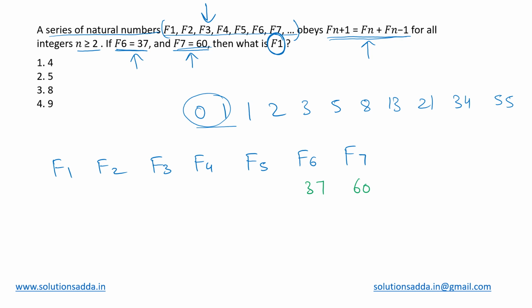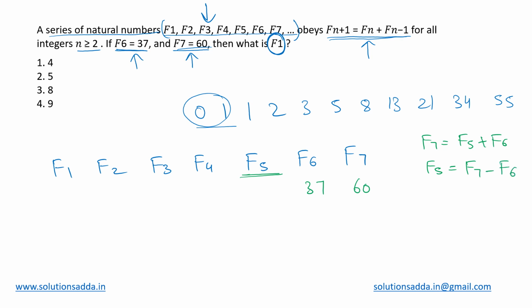And how would that be possible? Let us come to F5. We know that F7 will be the sum of its last two terms, that is F5 and F6. So we can say that F5 will be the difference of its next two terms, that will be F7 and F6.